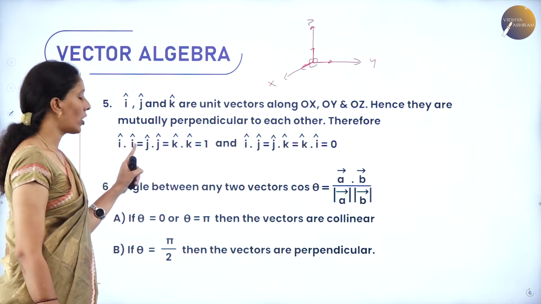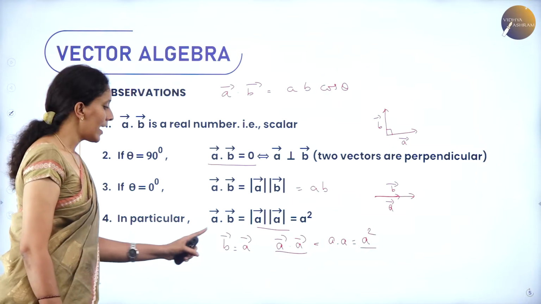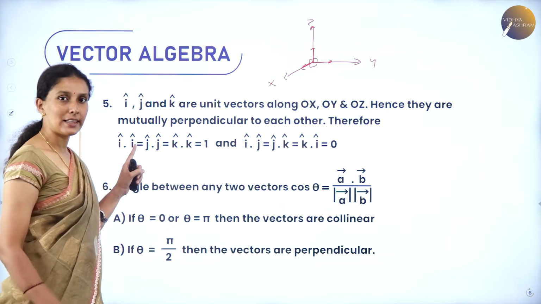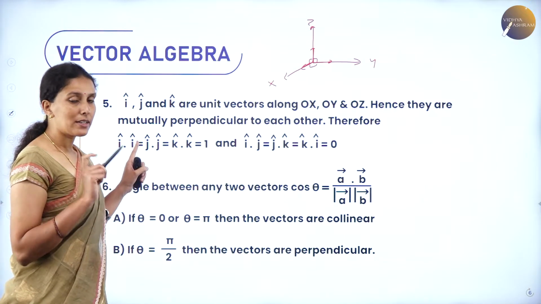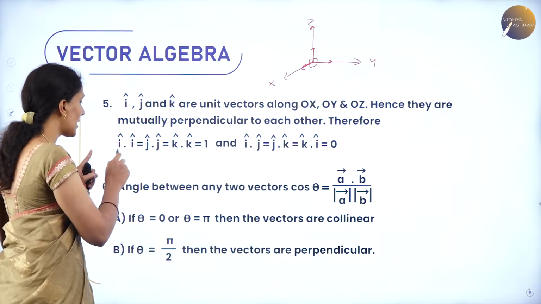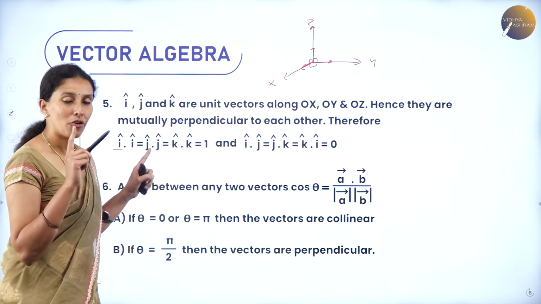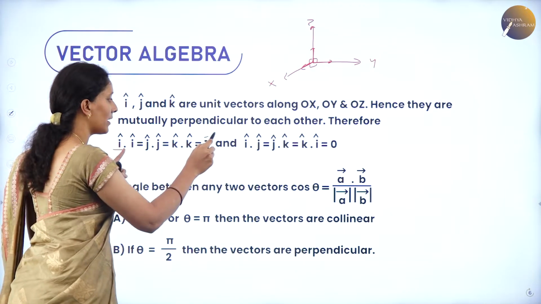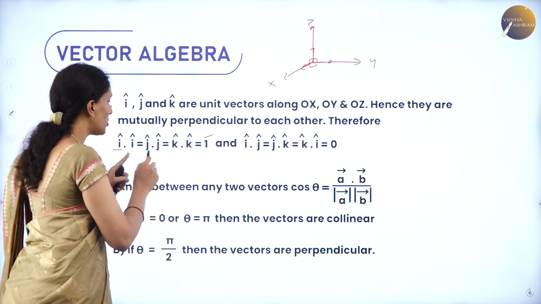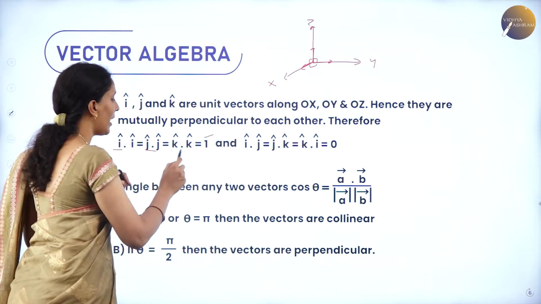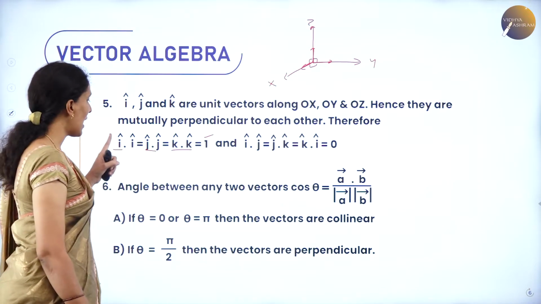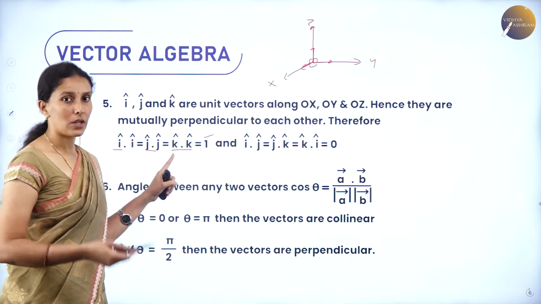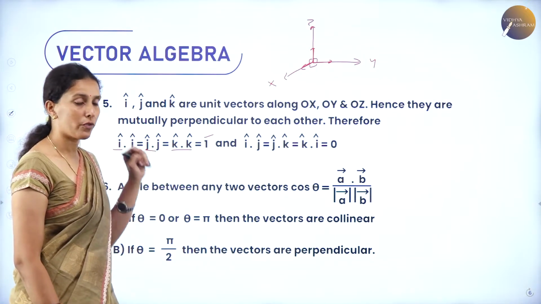Here i dot i. We know that A dot A is nothing but A squared, so i dot i is nothing but i squared. What is the magnitude of i? Since this is a unit vector, the magnitude of a unit vector is always 1. Therefore, i dot i is nothing but 1. Similarly, j dot j is 1. k dot k is also 1, because i squared, j squared, k squared is nothing but 1 squared, which is equal to 1, because they are unit vectors.